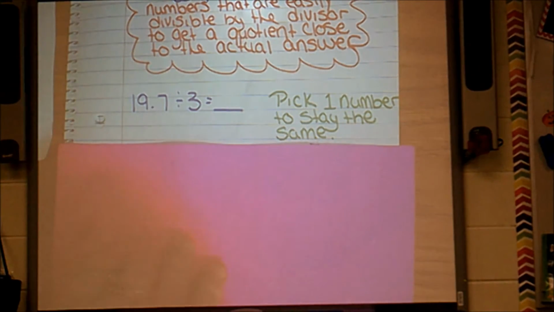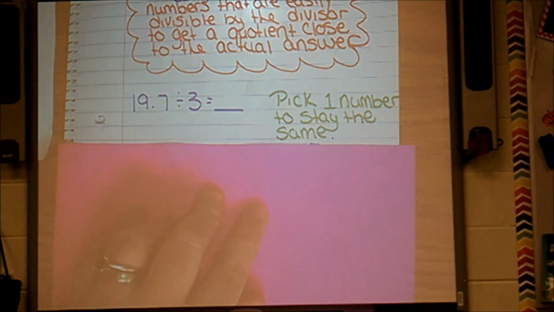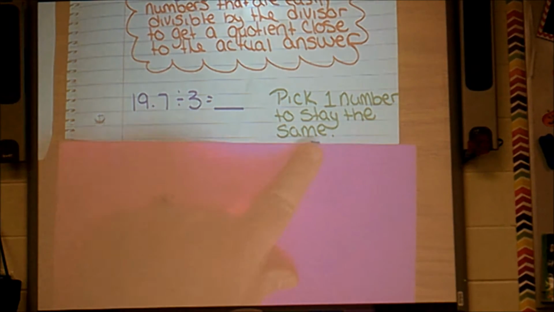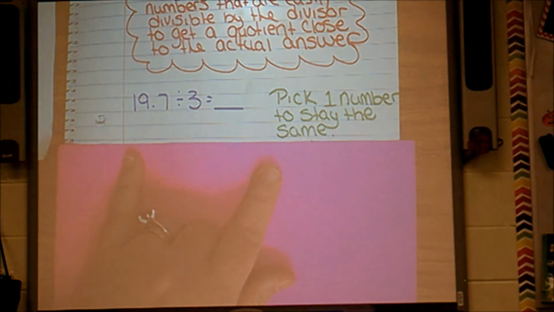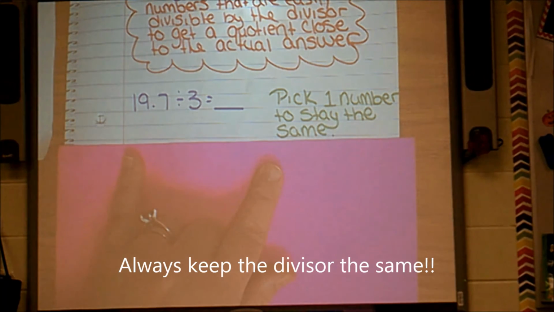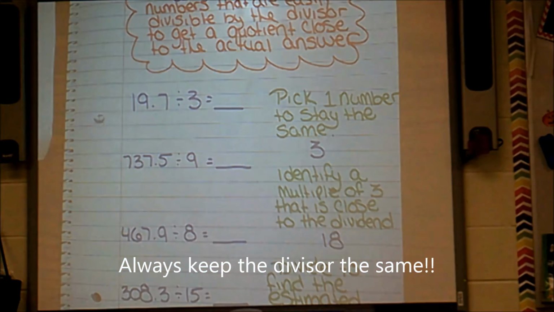Alright, so in order to divide using compatible numbers, I have a couple steps here to help us. Step one is, with this problem, we're going to pick one of these numbers to stay the same. Now, I'm thinking 3. I like 3 to stay the same. I like my outside numbers to always stay the same, never outside of my cave.